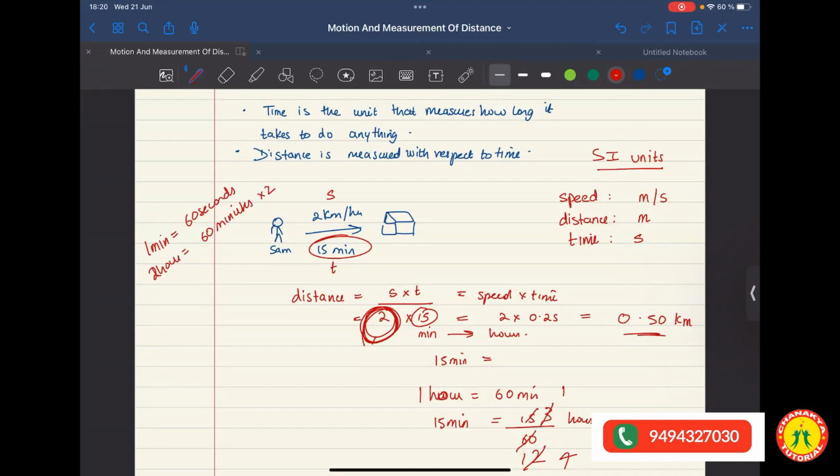But now try bringing this 60 minutes this side. 60 minutes is 1 hour. Then 120 minutes is how many hours? How would you know that 120 minutes is how many hours? What you will do, you'll bring 120 divided by 60.